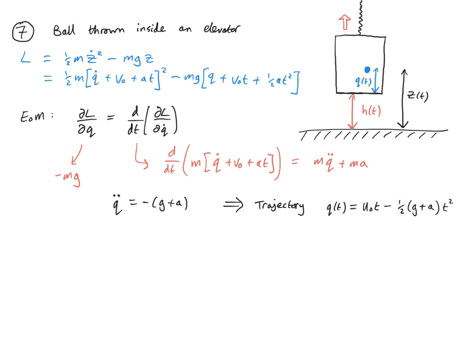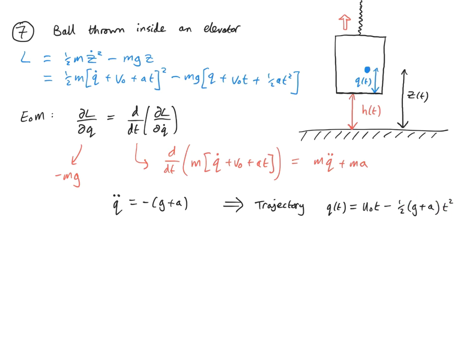Now, this trajectory equation is actually extremely interesting. Why? Because it's exactly the expression one would normally expect for a ball being thrown on the surface of the Earth. You throw a ball up with a velocity u0, and it has exactly this expression where we have an acceleration due to gravity, except, in this case, the gravitational acceleration g is actually replaced by g plus a.